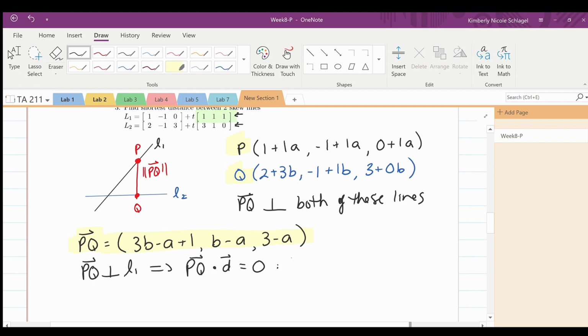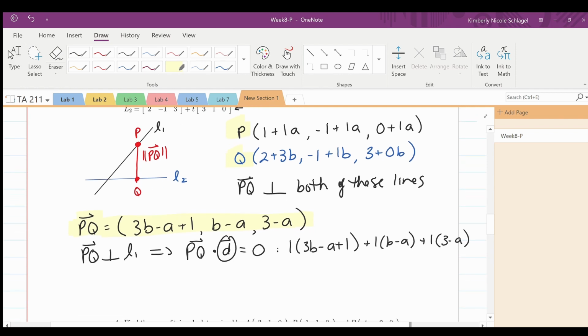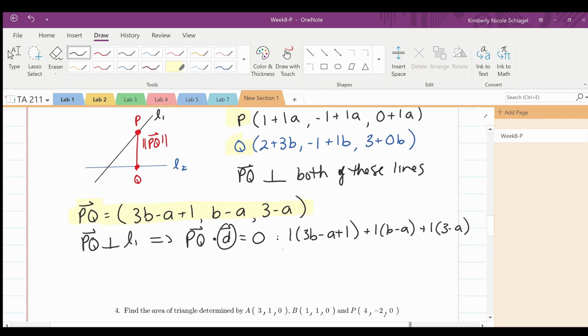So I'm going to do 1 times 3b minus a plus 1, getting it from these entries right here, that's my direction vector. Plus 1 times b minus a, and plus 1 times 3 minus a. This is going to give me 4b minus 3a plus 4. We're going to keep this in mind.